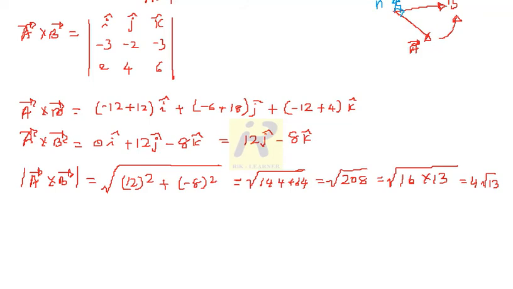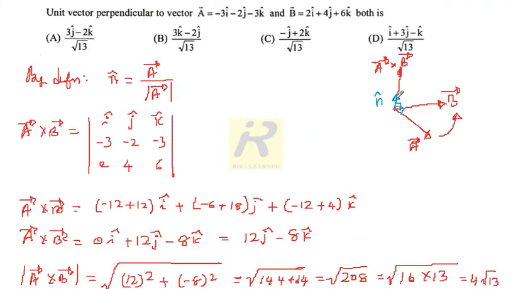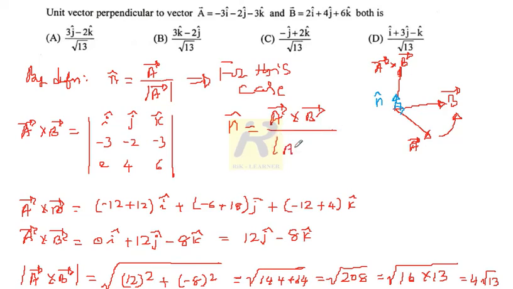Now, the vector we have here is A cross B, whose magnitude we found just now, which is 4 root 13. The unit vector in that direction is n cap, and we already know the definition. So for this case, vector n cap is equal to vector A cross B divided by its magnitude.